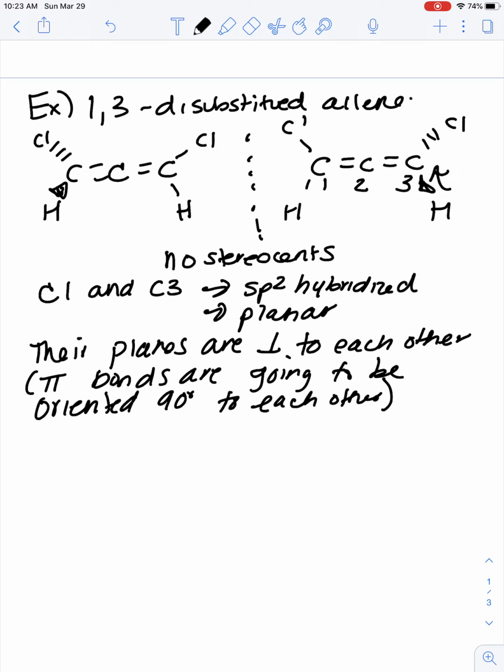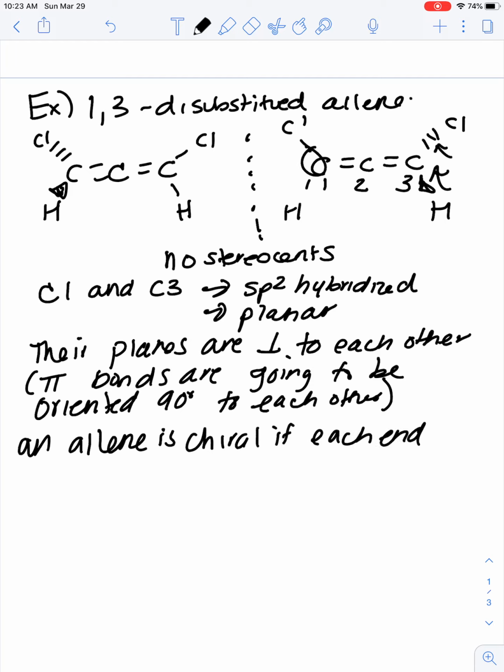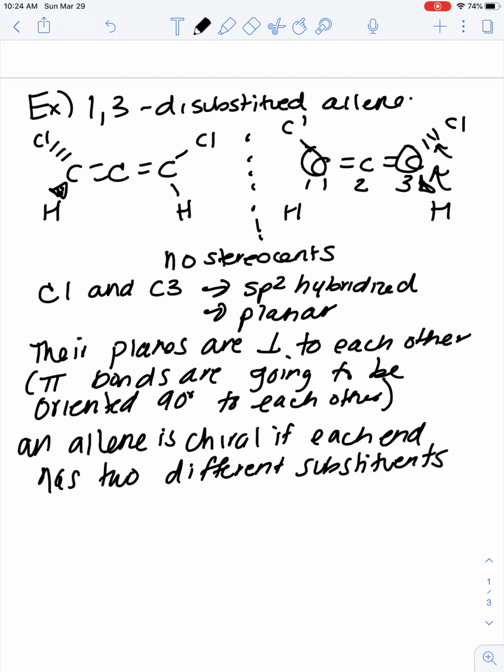That's what's causing, if we're looking here at this hydrogen and this chlorine, that hydrogen to be pointing out towards us and that chlorine to be pointing into the page. So an allene is chiral if each end, which are this carbon and this carbon, has 2 different substituents attached to it. In this case, we have a hydrogen and a chlorine.